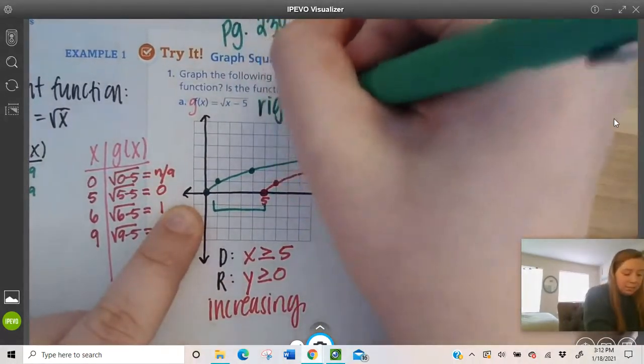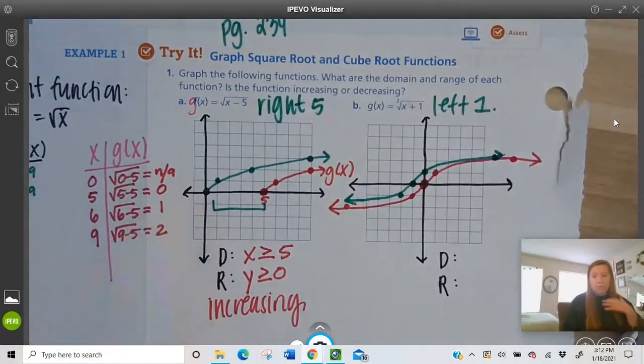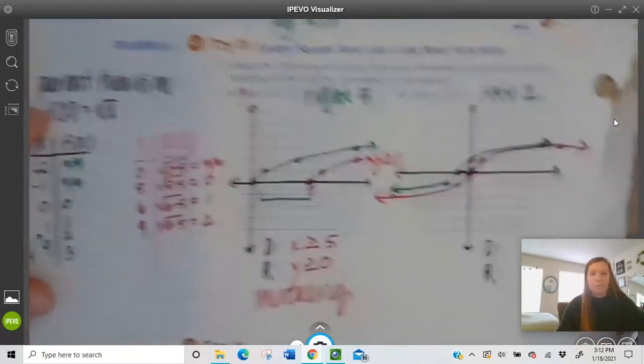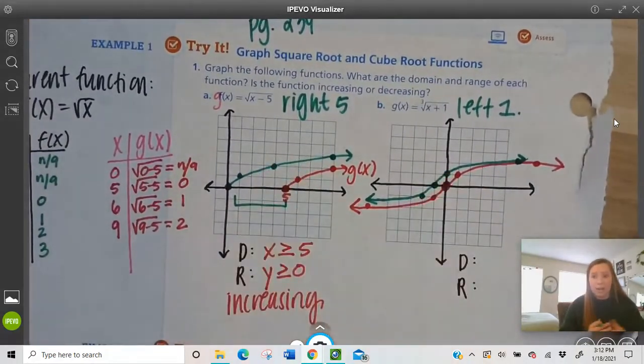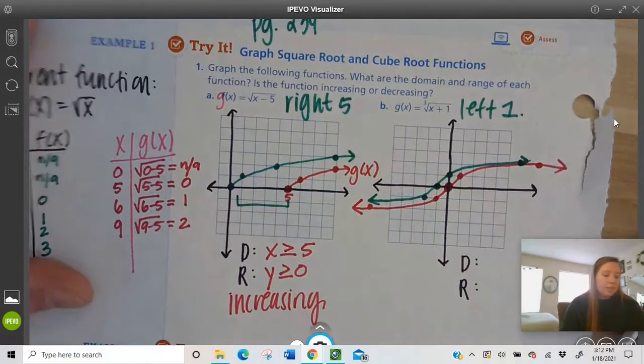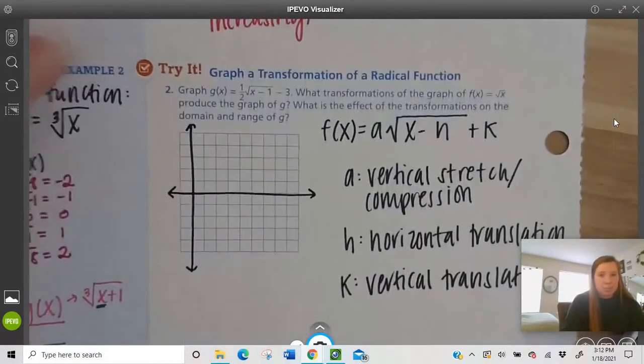So that is just being able to identify our transformations, which we're going to write out more formally in our next example. But that's why I think it's a good idea to get a picture in our head or know our parent graph tables so that when it comes to graphing our transformations, our lives are a little bit easier here. So let's go down to example number 2.